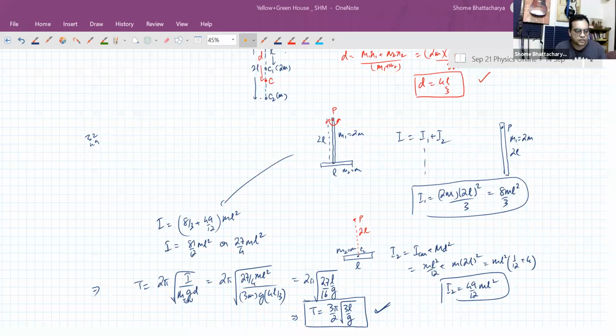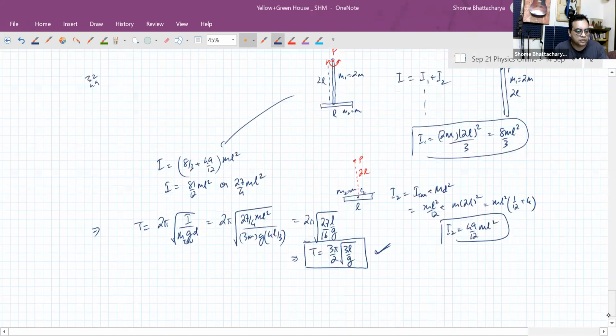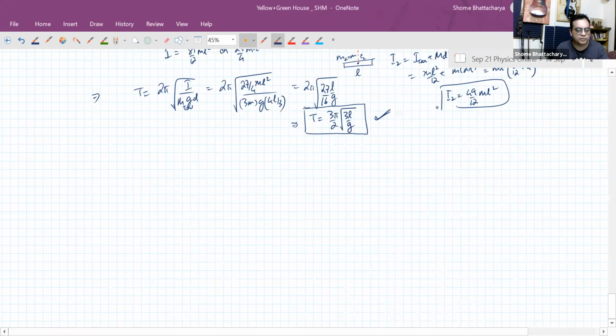Okay, so hope this example is clear to all of you students. Fortunately, I got disconnected again. Anyhow, so we are now more or less done with simple harmonic motion. We have a couple of things to complete up in simple harmonic motion, which we'll discuss in the next lecture.